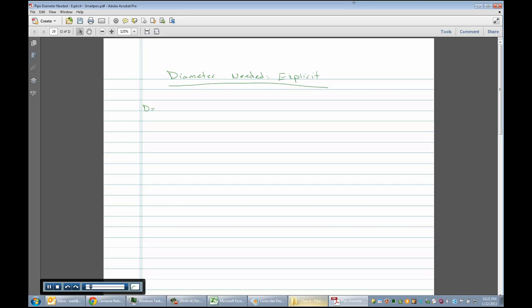The expression is, I guess, embedding the Swamee-Jain equation into the previous equation, which was the Darcy-Weisbach equation and the energy equation.